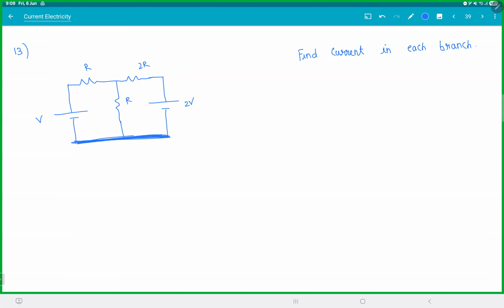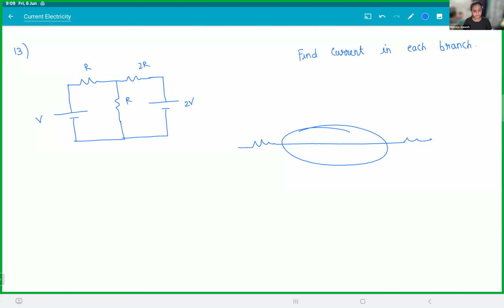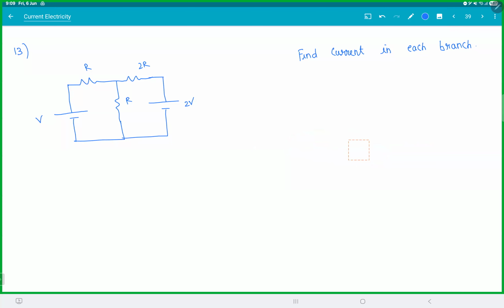Whatever you think, tell. No, I'm just asking, what is that thing called? Suppose if I put a resistor like this, what is this thing? Wire. A wire, right? And a wire is? What is the potential of a wire?